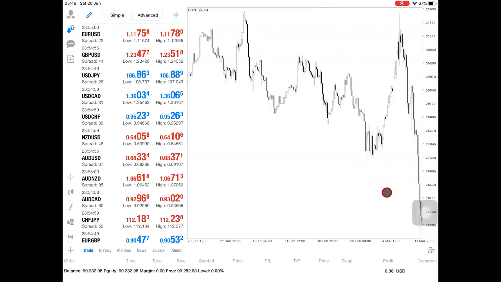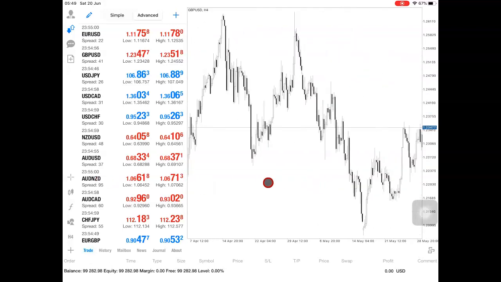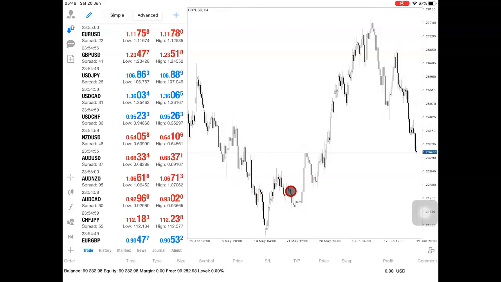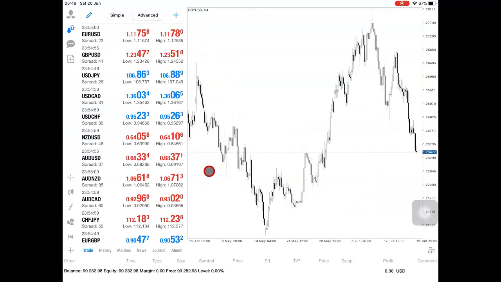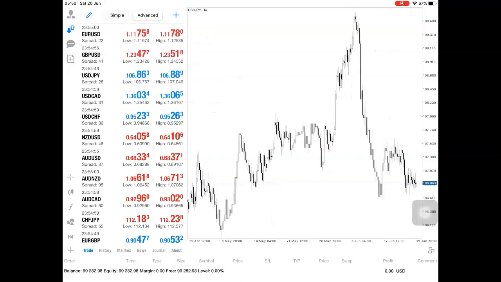I want a very well defined trend. Understand that it will not always be as perfect as this, but basically you try to fit it into that picture.